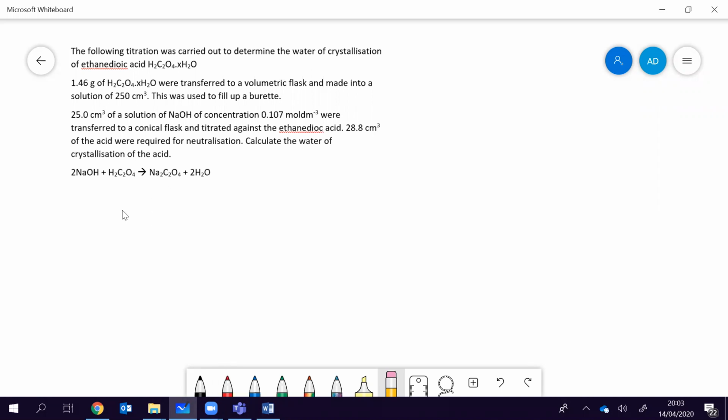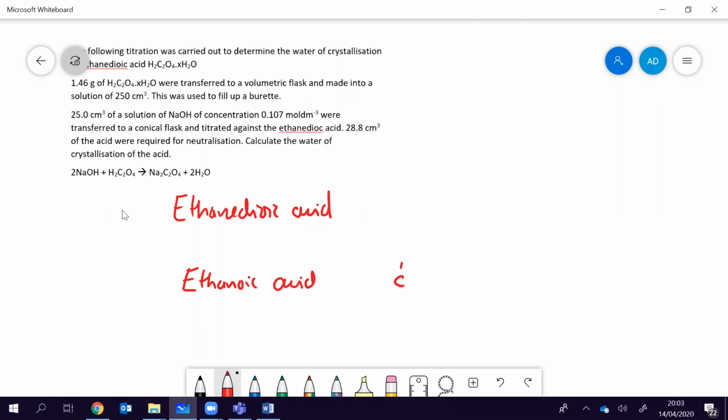Right, so just to explain what that is, ethanedioic acid is related to ethanoic acid, which you have come across before. Now, ethanoic acid has got the following formula.